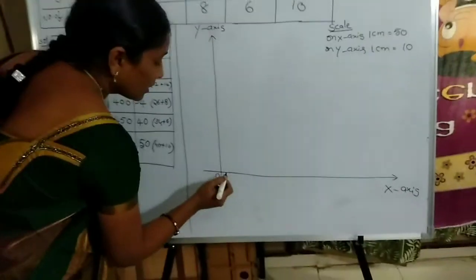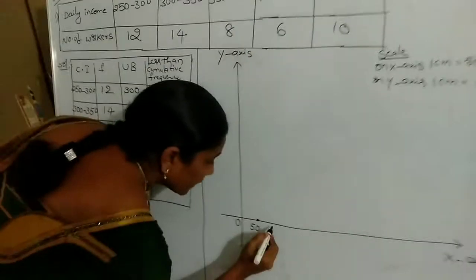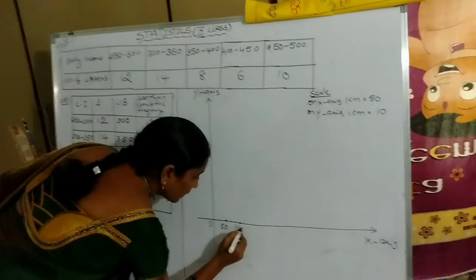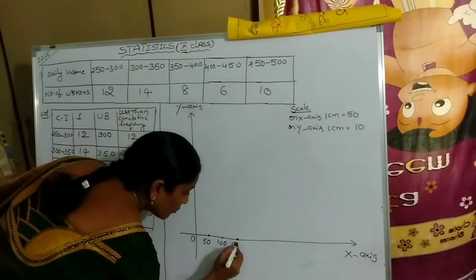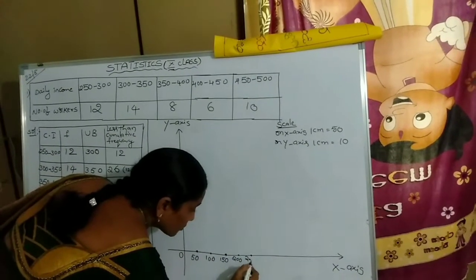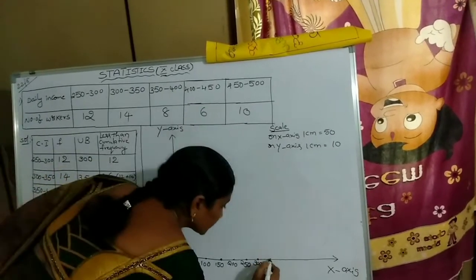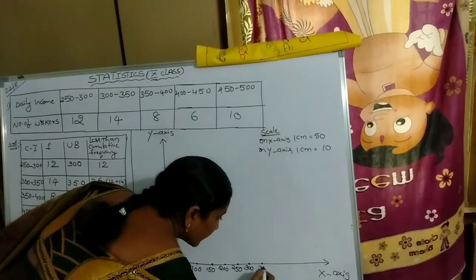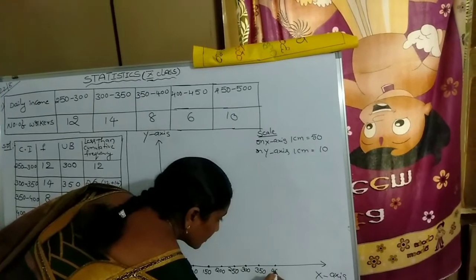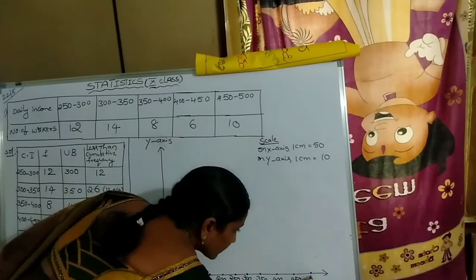Now I will take the upper boundaries from 50, 100, 150, 200, 250, 300, 350, 400, 450.